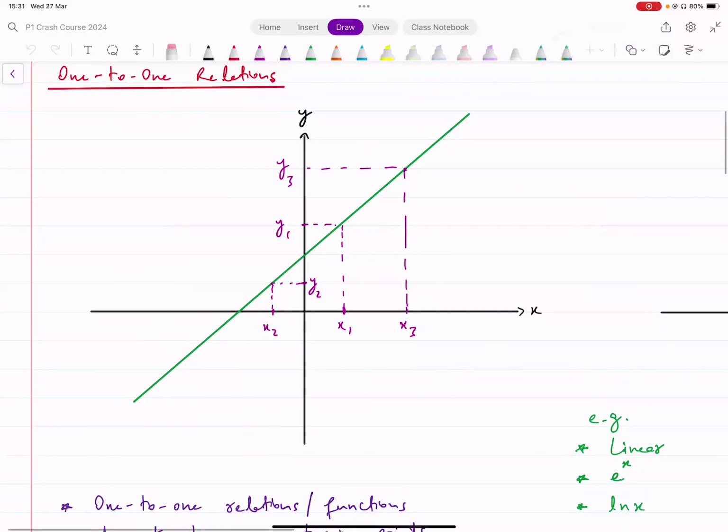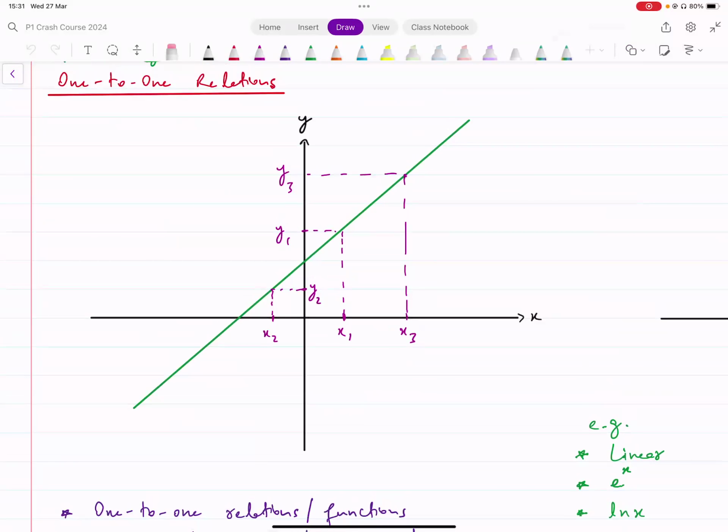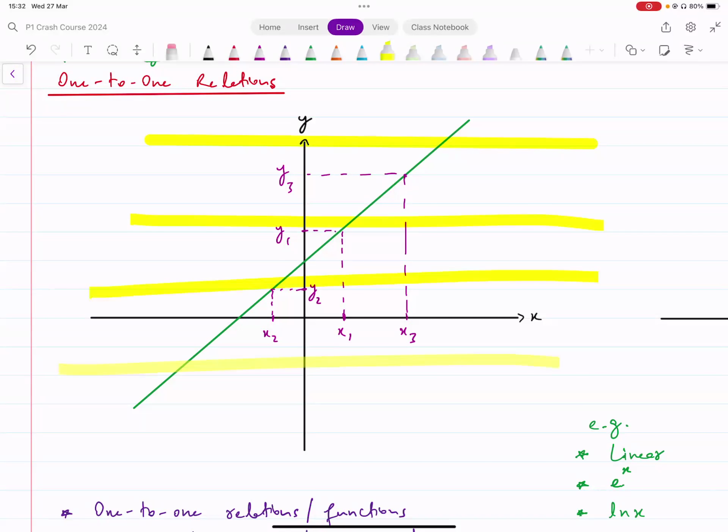You can basically ask yourself a question. Can you draw any horizontal line on this graph that would cut the graph at 2 points? So if you have a straight line like this, can you draw any horizontal line on this graph that would cut the graph at 2 points? You can try that. You could have a line like this. It only cuts at 1 point, 1 point, 1 point, 1 point.